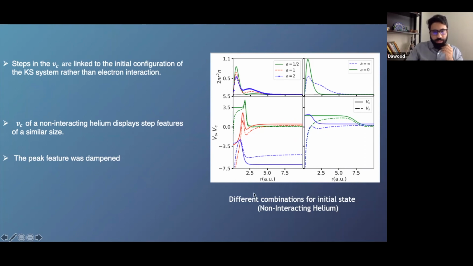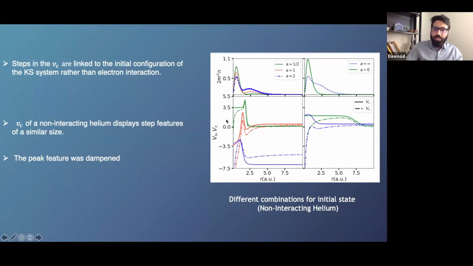We did the same analysis for a non-interacting helium. We chose the same initial configuration, except we turned off the interaction between the electrons, and we saw similar structures appearing in the VCs.